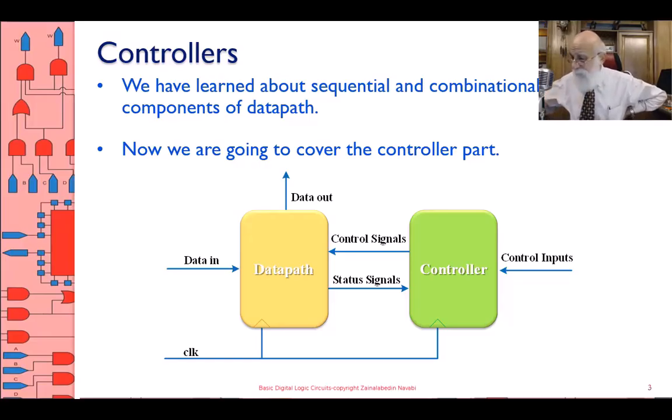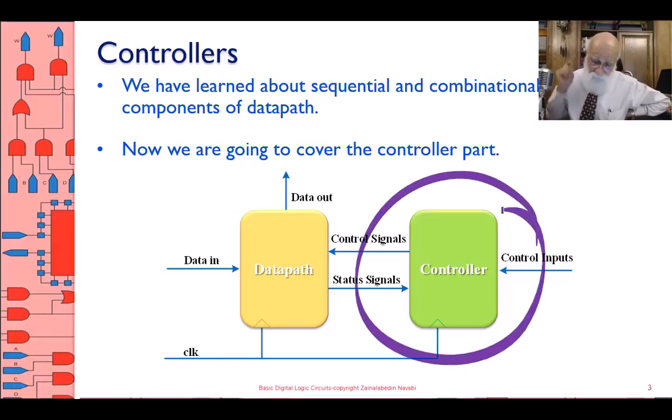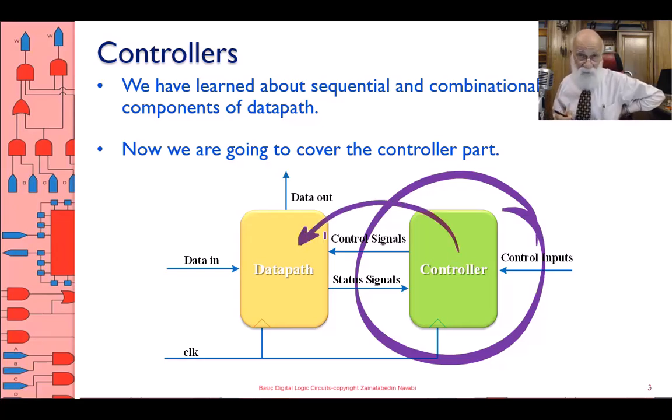But then there is someone sitting there on the right-hand side here that is called the controller. That controller is an important component and issues control signals to the data path. The controller receives inputs from the data path via status signals.